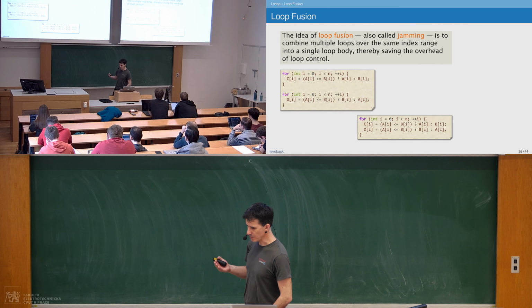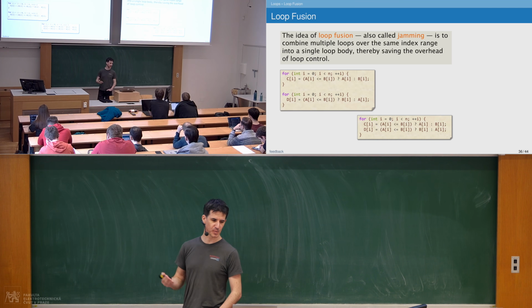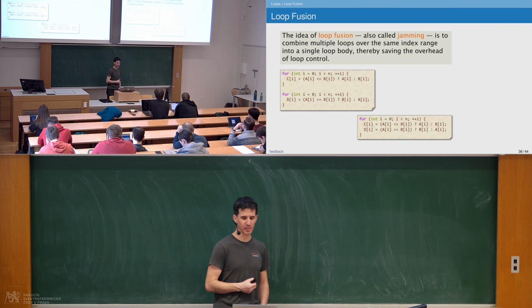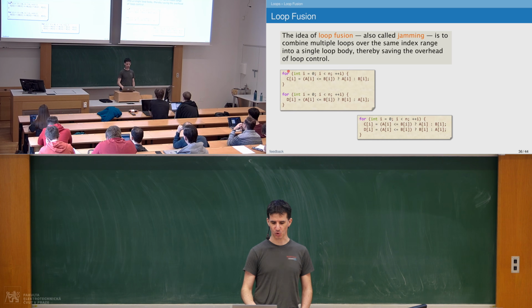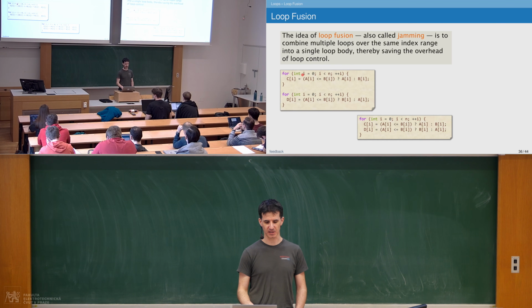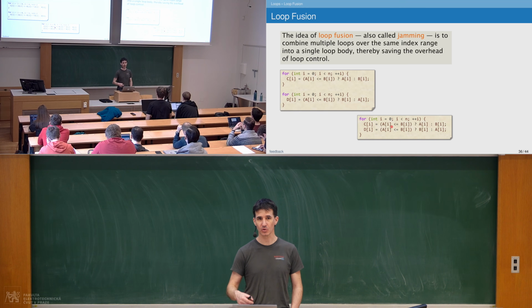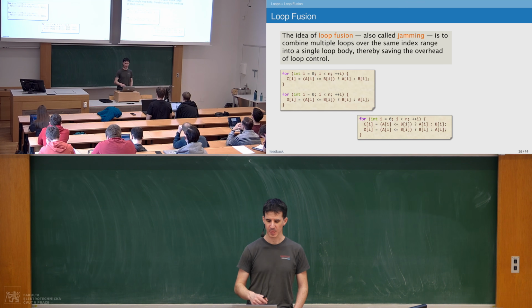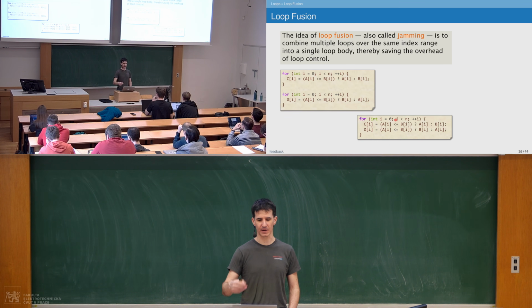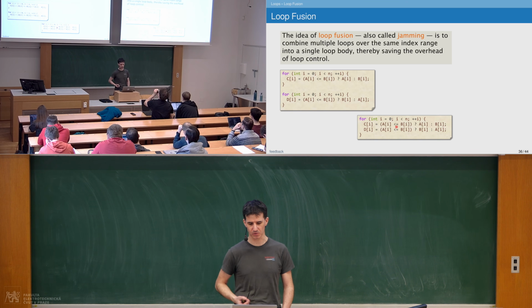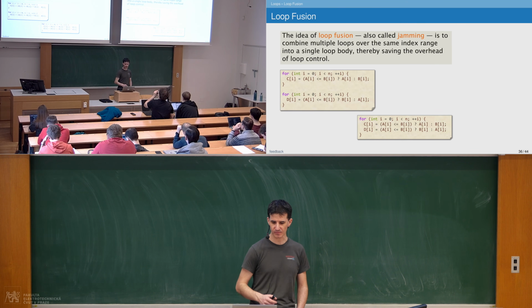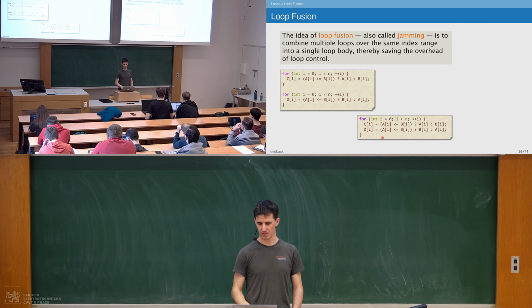Again, the goal is to reduce the overhead caused by looping. So instead of paying this overhead twice, because you are iterating from 0 to n, you can just put those two loops together. There is just a single overhead of one iteration, and in it you just execute the bodies of the original loops.